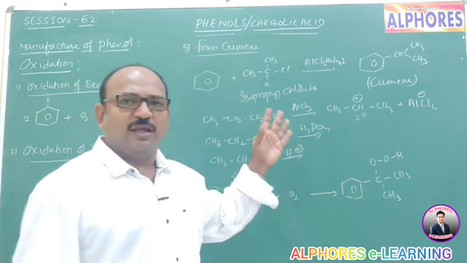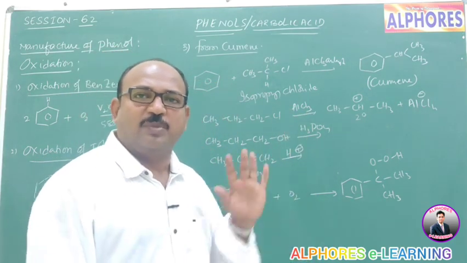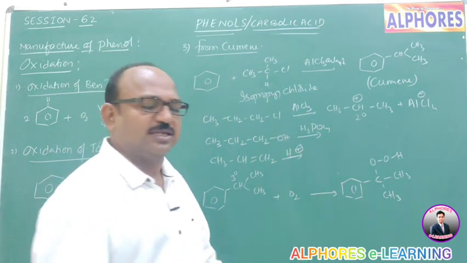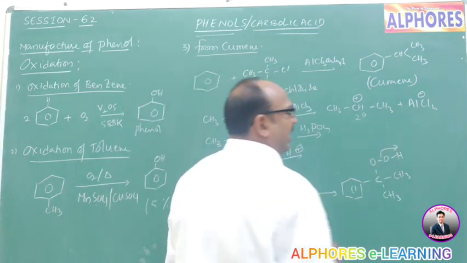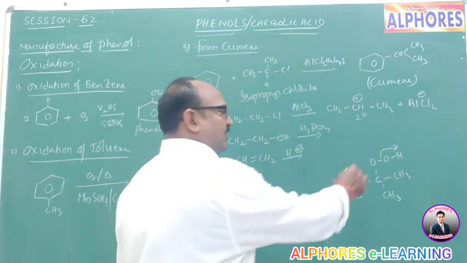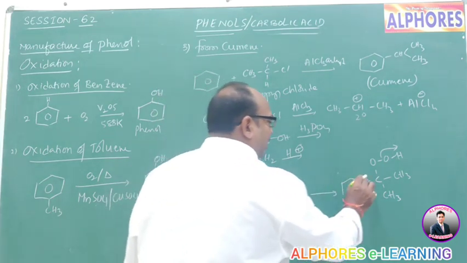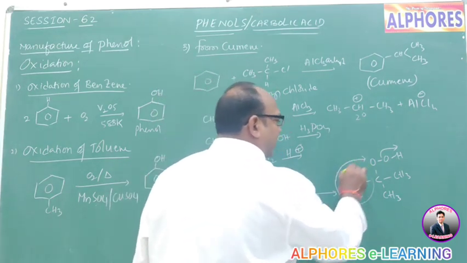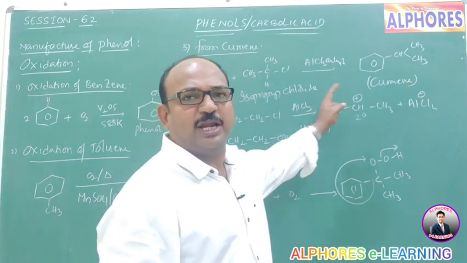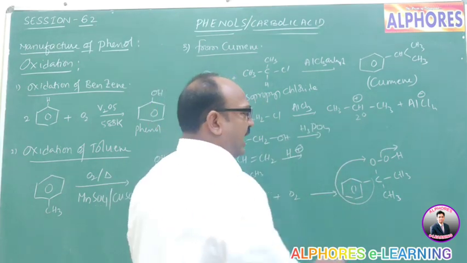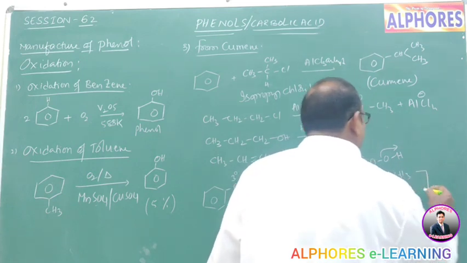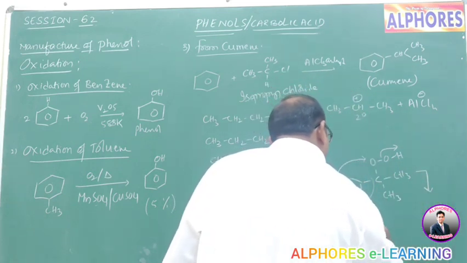As we know very well, the O-O bond is a peroxy bond. That peroxy bond is highly unstable, and OH minus leaves away. Whenever OH minus leaves, an electron deficient oxygen remains, and in order to stabilize it, the phenyl group migrates from carbon to oxygen, and ultimately the positive charge is left on carbon.